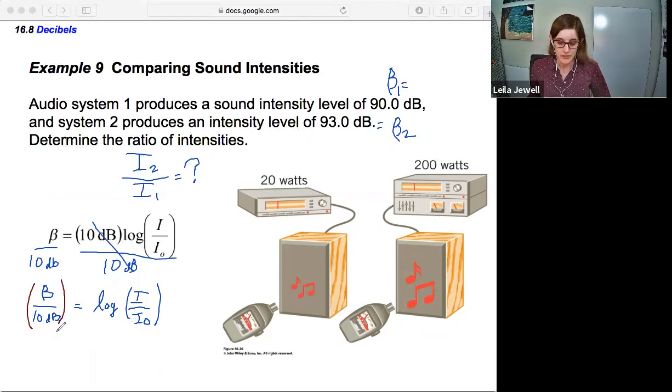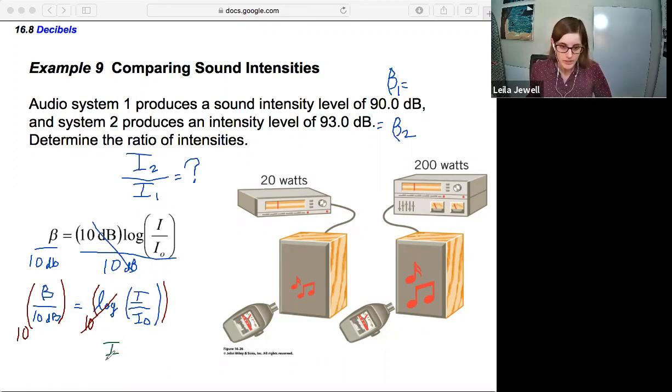So this beta divided by 10 decibels, I'm going to put as the exponent to the 10th power, and similarly all of this log of I over I0 is going to be raised to the 10th power, and that undoes the log effectively. So all we're left with at the end is this I over I0 here.